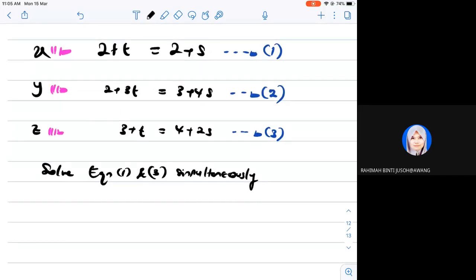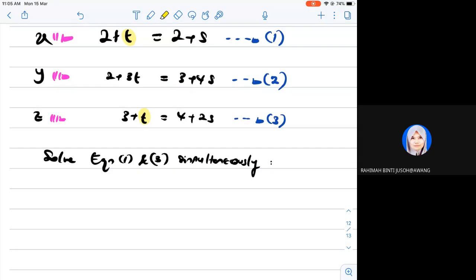Okay, kenapa? Because kalau you perhatikan sini T, so mudah lah kan? So right now, equation 1 minus 3 or 3 minus 1? Which one easier? 3 minus 1. Yes, equation 3 minus equation 1.